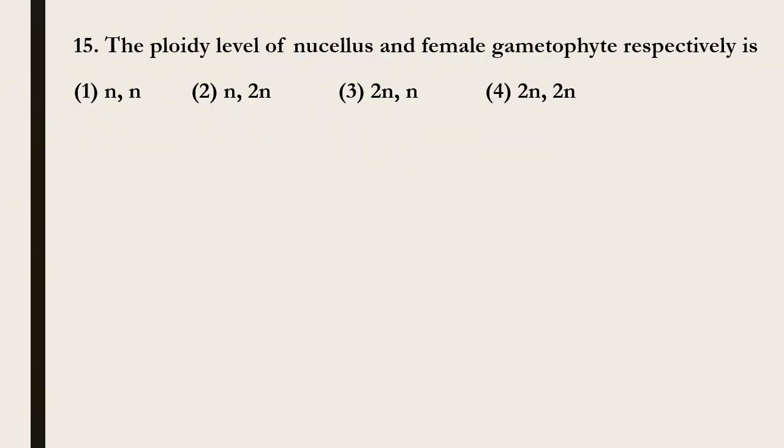The ploidy level of nucellus and female gametophyte respectively is: option 1, N, N, haploid, haploid; option 2, haploid, 2N, diploid; 3, diploid 2N, haploid N; 4, 2N, 2N, diploid and diploid. So what is the ploidy of nucellus and what is the ploidy of the female gametophyte?